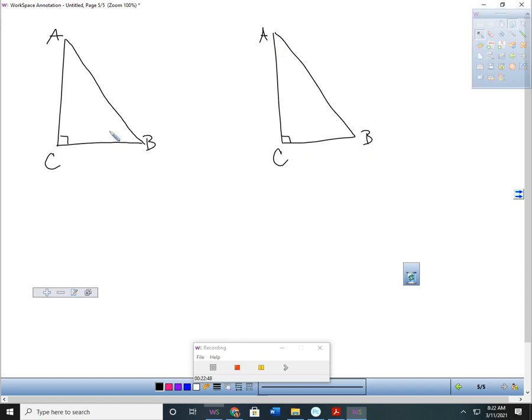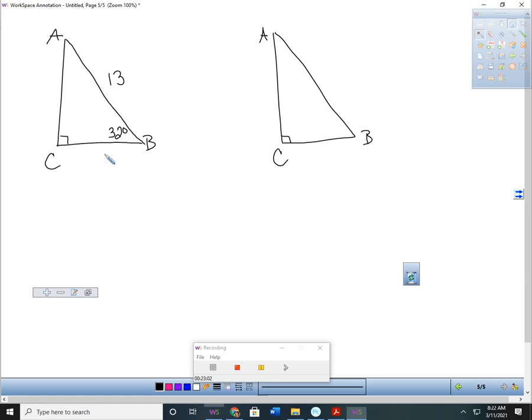Let's go with these 32, and your hypotenuse is 13. Hang on. These would be hard to pull out of my rear, so just hang on a second. 9.